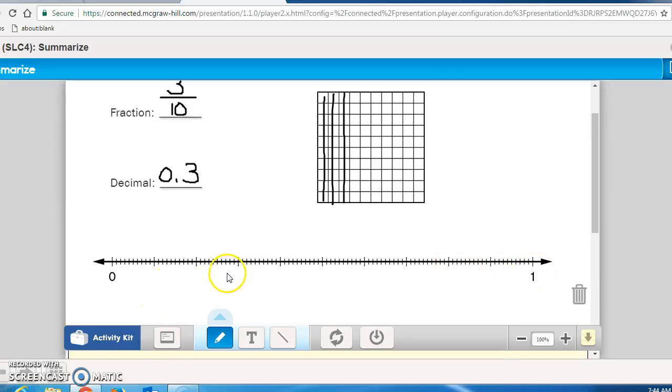So 3/10 would line up exactly with this line here. So as you can see, 3/10 of the line is not even to the halfway mark, which would be 0.5.